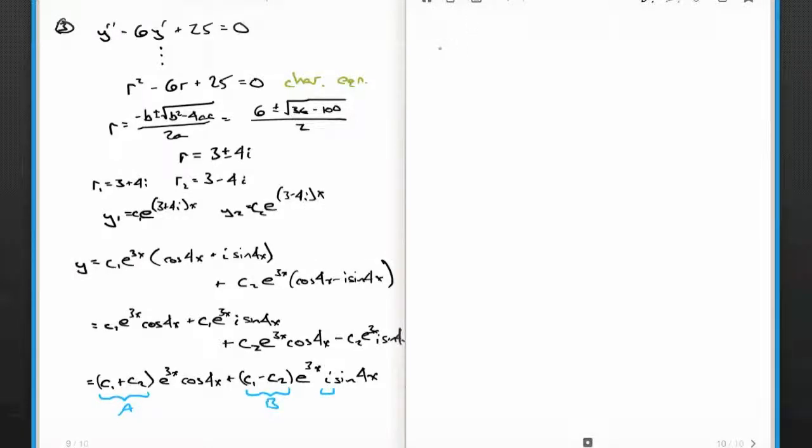So when we redo this, we're going to do some more algebra and kind of combining like terms.